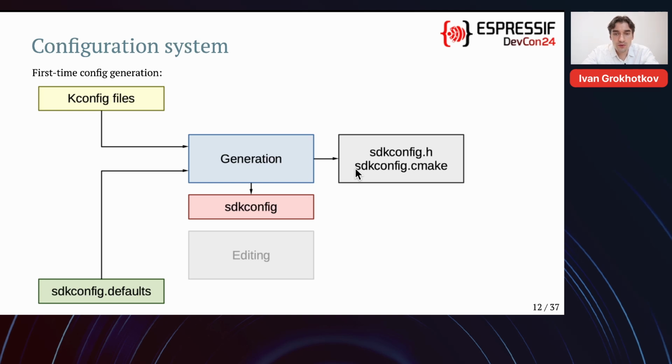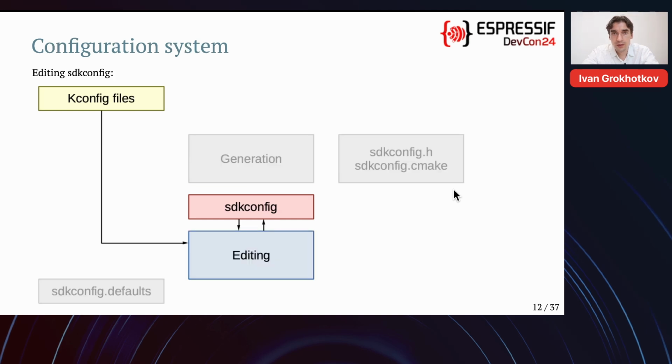The source of the configuration is the file called sdkconfig, and at first, when we compile the application until sdkconfig is created, the configuration system reads all the information about the configuration options from Kconfig files. It gets the default values from the sdkconfig.defaults file if it exists, or if it doesn't, from Kconfig files, and generates the initial version of sdkconfig, and also generates the initial versions of sdkconfig.h and sdkconfig.cmake.